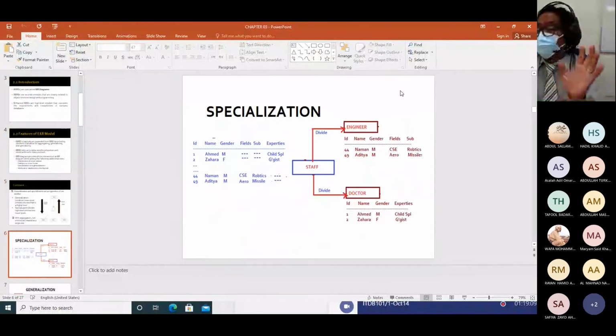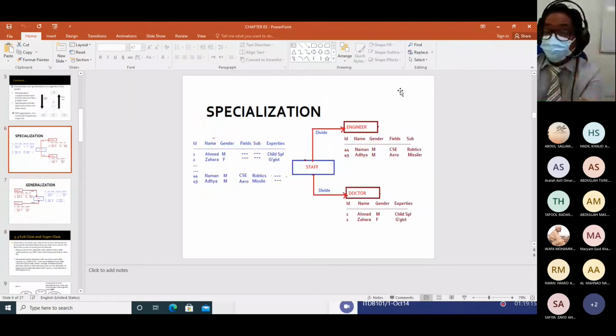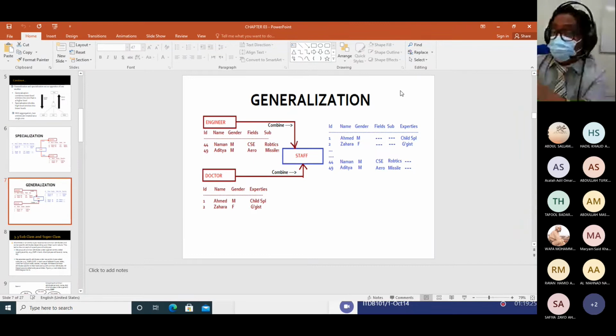We come to know what is specialization and what is generalization. Specialization, we just divided into two lower levels. But when it comes to generalization, that split into lower levels will combine into one entity, which is a superclass. That is generalization.